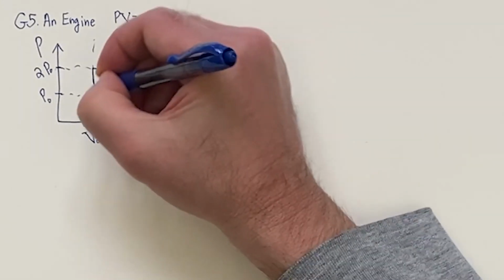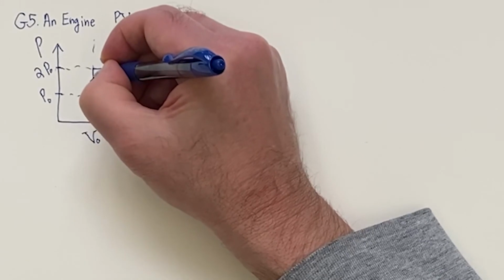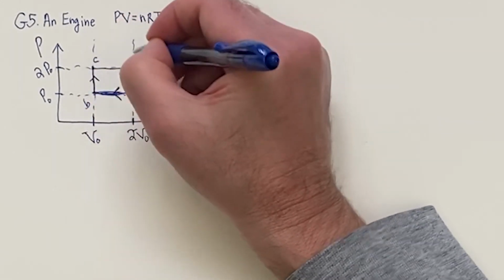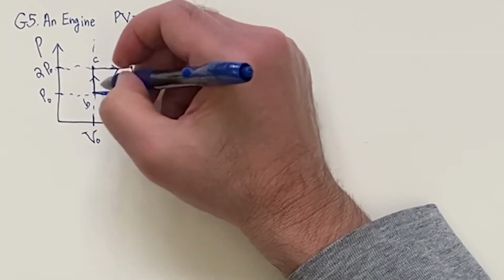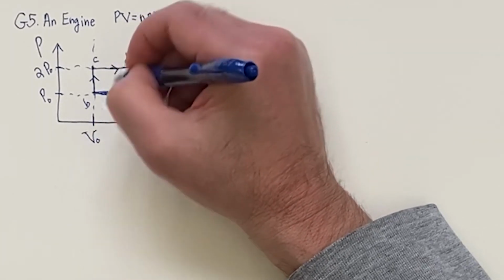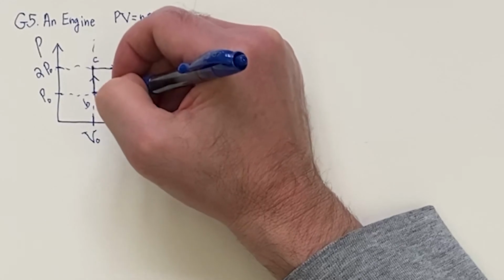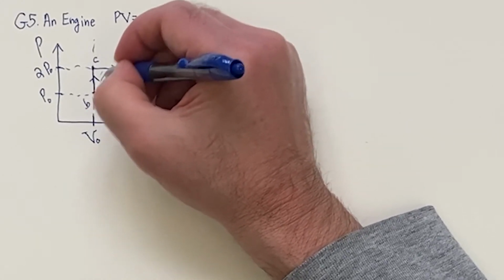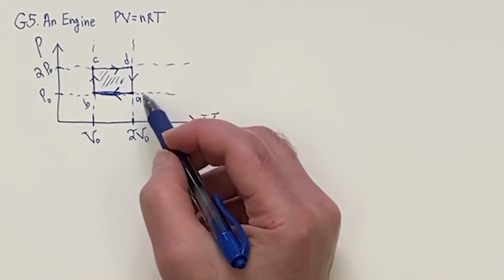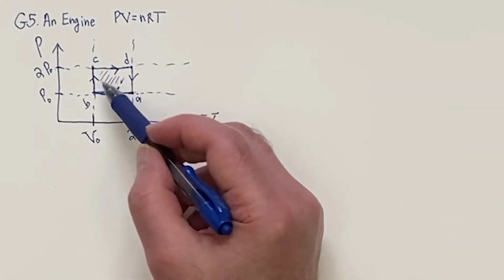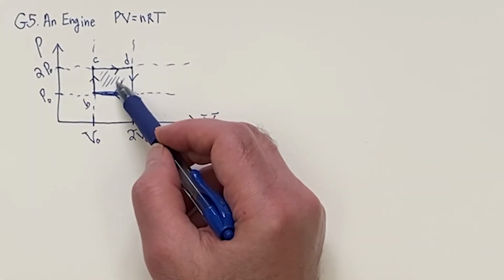So say we have A to B to C to D. When it expands, it's going to do all this work, the area, but when I compress it, I do this work. So really the net work is going to be that one, because when I compress it, I'm doing negative work. It's costing me energy. So that's going to be the work done.